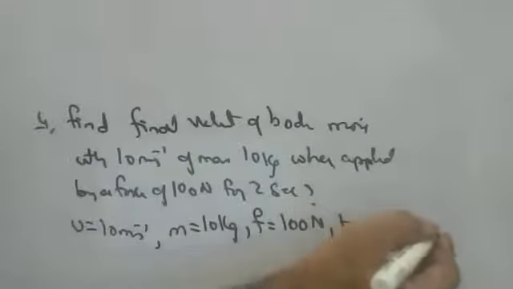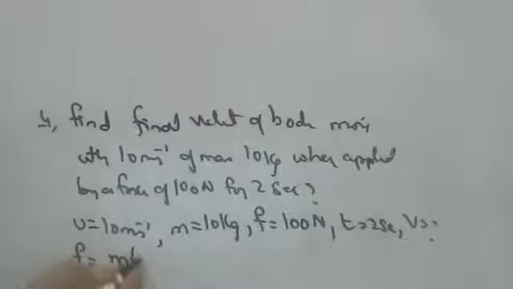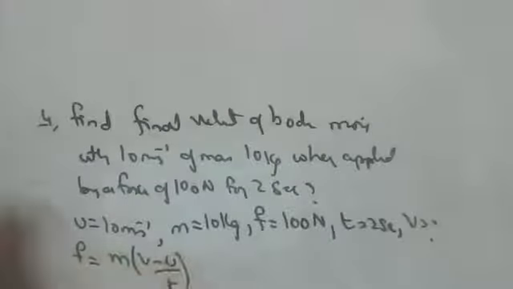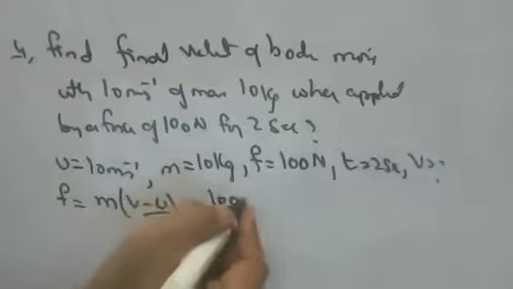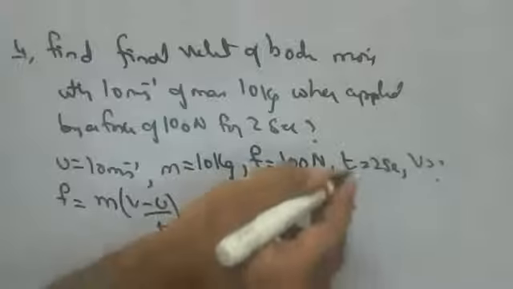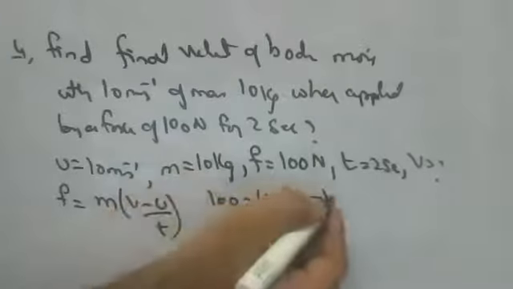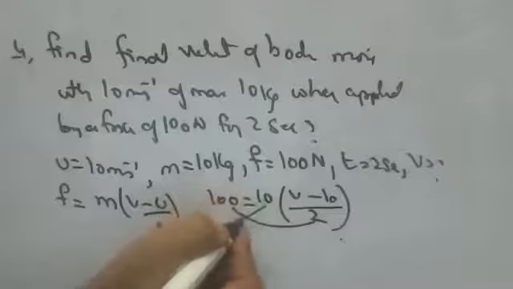Only final velocity. Okay, what is the formula we have? F is equal to m (v minus u) by t. Substitute and get the answer. Simple. Force is 100. Mass is 10. u is 10. t is 2. So this will come up, this will go down.